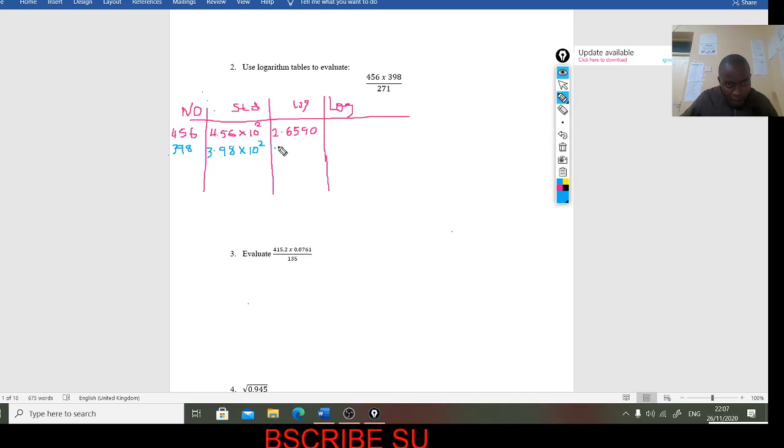So the logarithm must start with 2 point. Now I read the logarithm of 3.98 from the table. You'll get it as 0.5999.